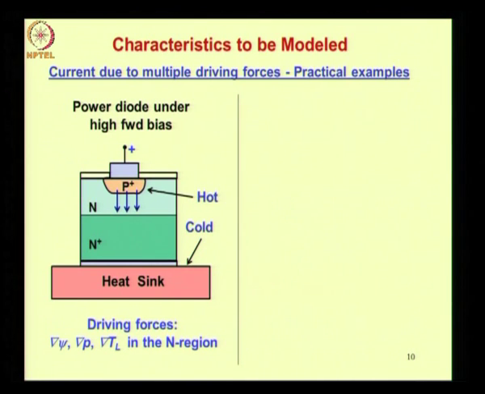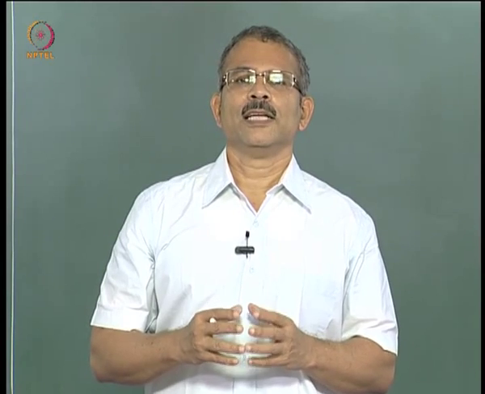The example on the slide here is a power diode under high forward bias. Here you can see that a current is flowing from the P plus region into the N region as shown by these arrows. Now you know from the basic diode theory discussed in the first level course that most of the voltage drop occurs across the depletion layer. So the depletion layer, the region near the junction, is a place where the power will be dissipated, right?